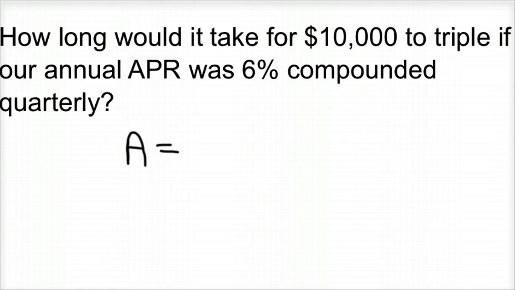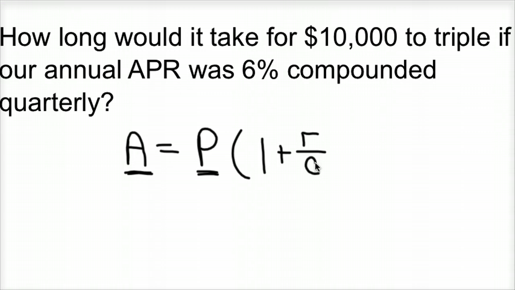The amount we want in the end is equal to the principal, P, the initial investment, times 1 plus your annual rate of growth divided by your compounds, all to the compounds times the number of years that we're going to do it. So we're just going to start plugging in all of this.